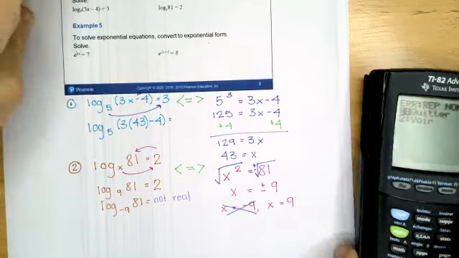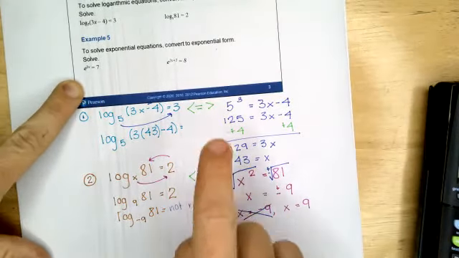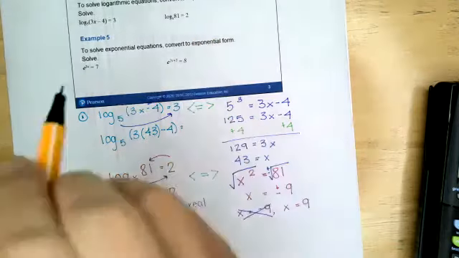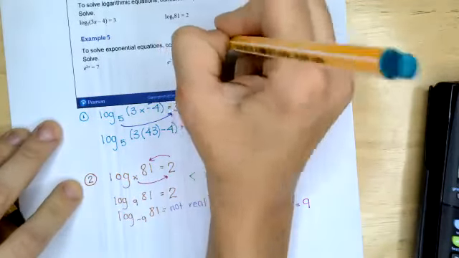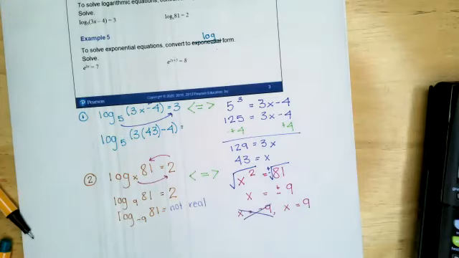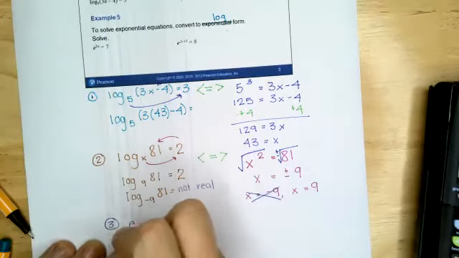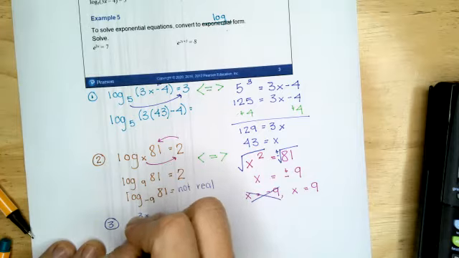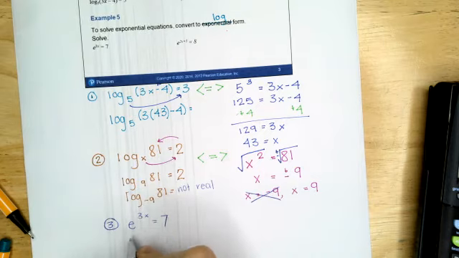The third example is an exponent, and we want to convert to log form. Good. All right. The third one, e to the power of 3x is 7. Good. So I'm going to begin by converting. Start with my base.